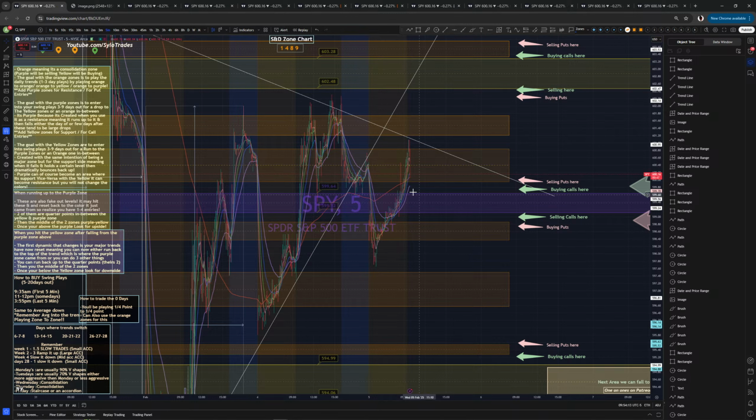Remember, you did this trend 2 times, and so far, you're holding at the top. So it's not at the purple zone yet.